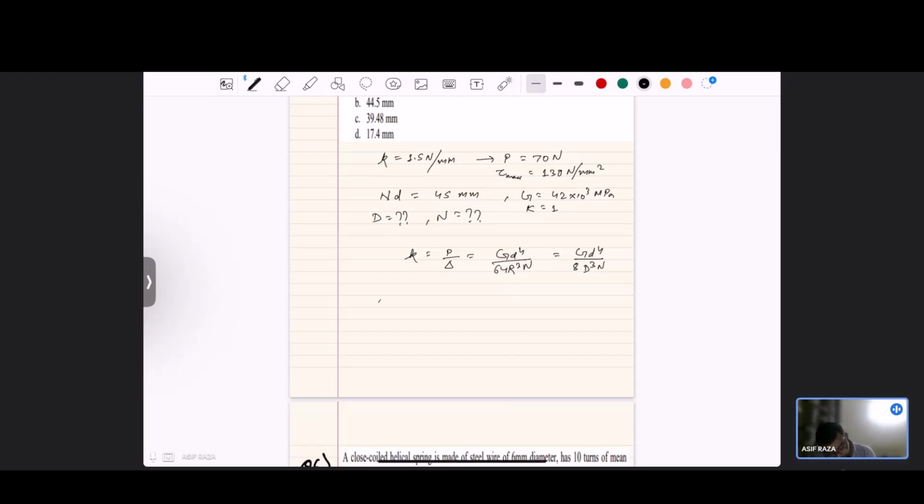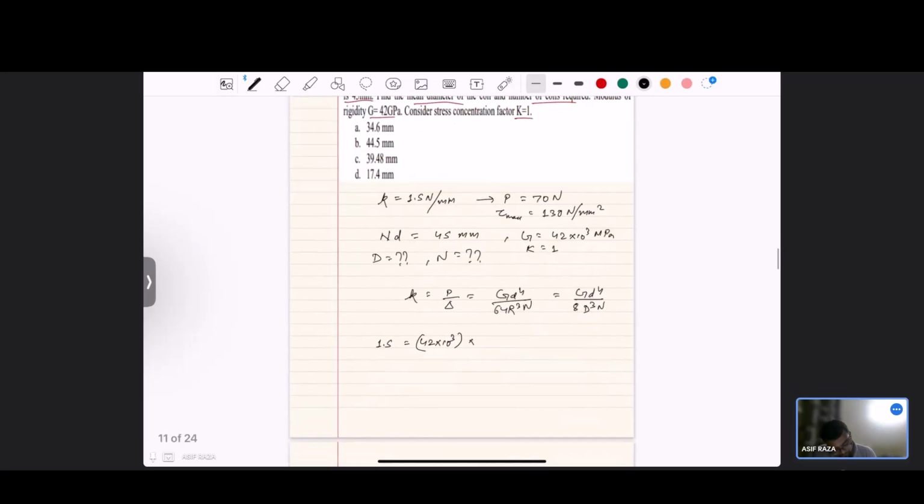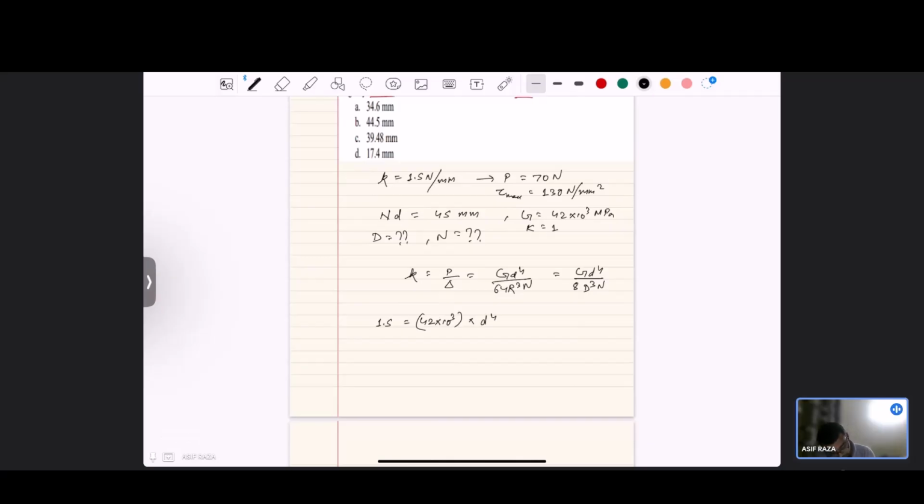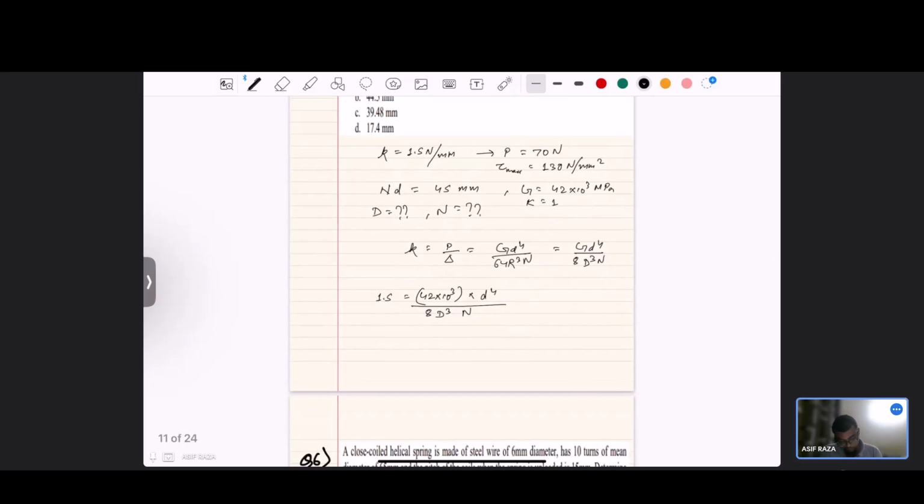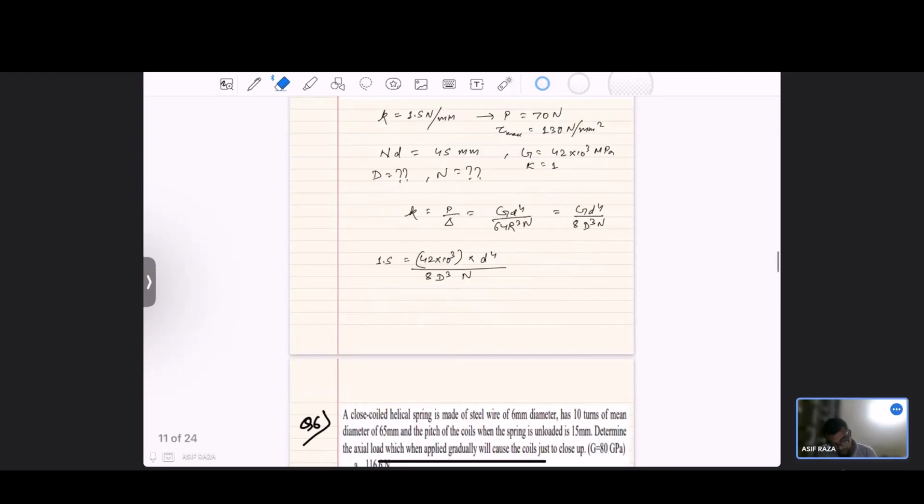Let us substitute 1.5, G is 42 into 10 power 3, d to the power 4, 8 d cube N. So again it can be simplified. N can be written as 45 by d, right?